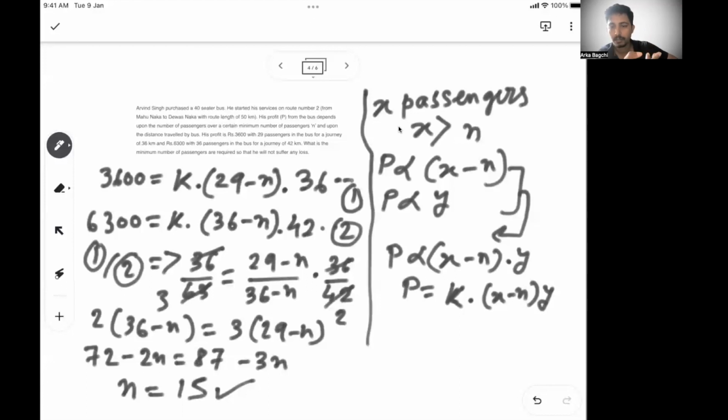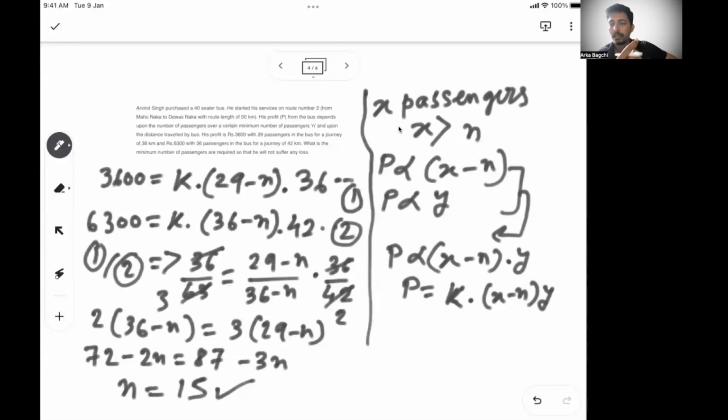And the second case is, the more the distance you cover, typically the charges are a little high. The more distance is covered, the more the profit. So it's your understanding of the context to make the equation. Every time they will not specifically tell you whether it varies directly or inversely, but they will just say it depends on this and this.